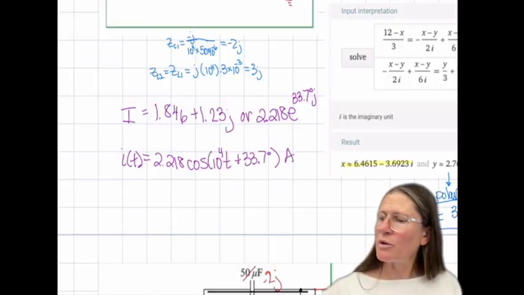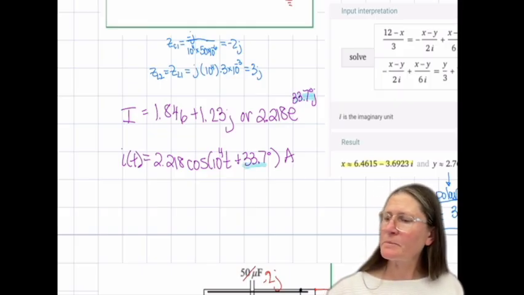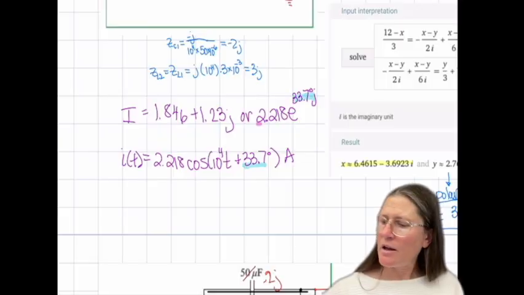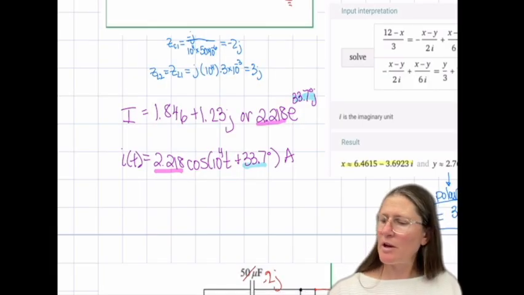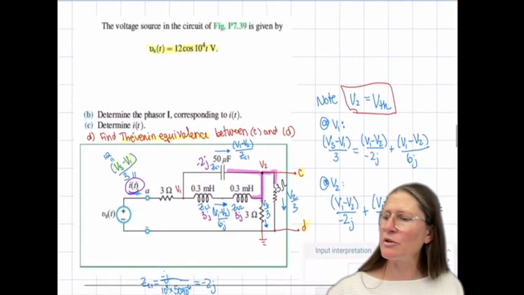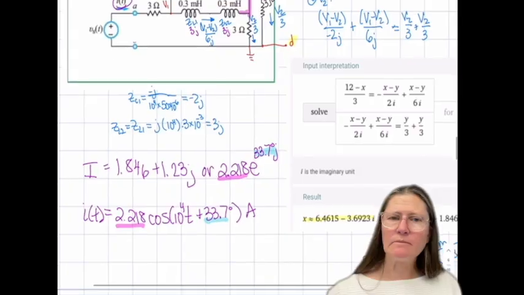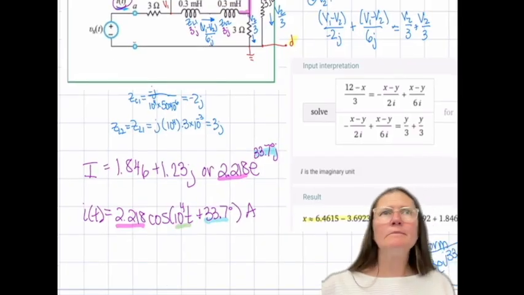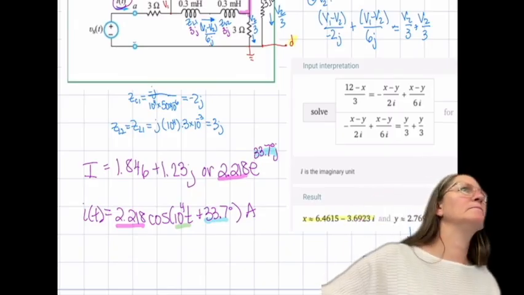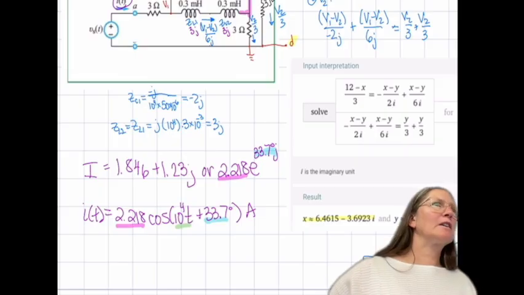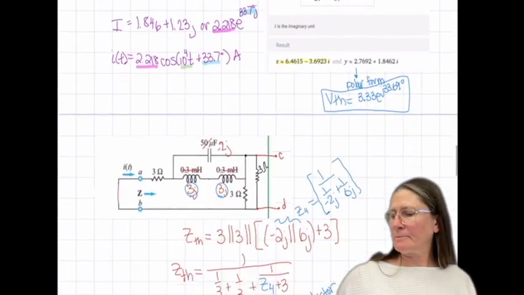So we use the angle and the magnitude, and then we use the original frequency. Okay? So this would be our I of t. All right. Any questions? Okay.